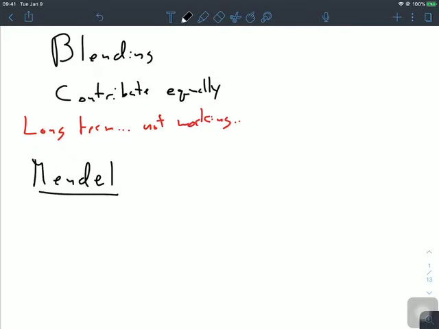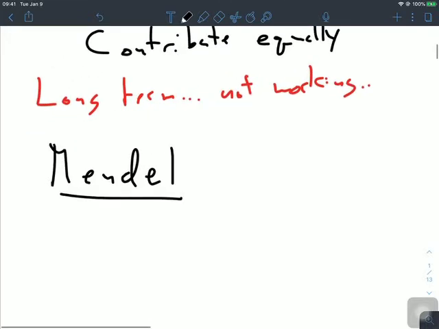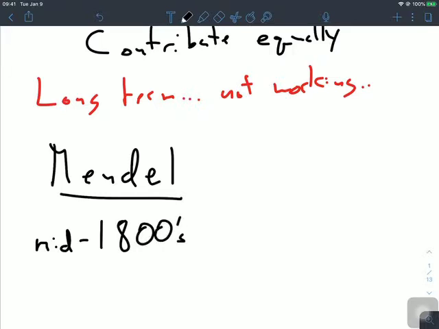So Mendel was a monk born in 1822, died in 1884. So we can give him a time frame of the mid 1800s to give us a ballpark of when he was doing his thing. He was born in what is now the Czech Republic, though at the time it was a German-speaking province in the Austrian Empire.